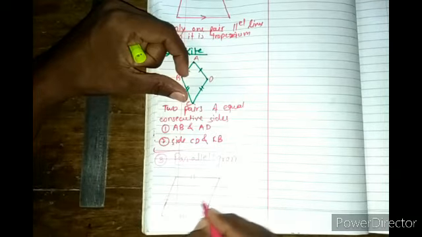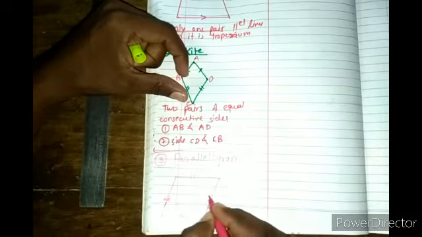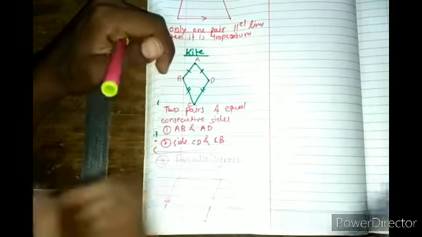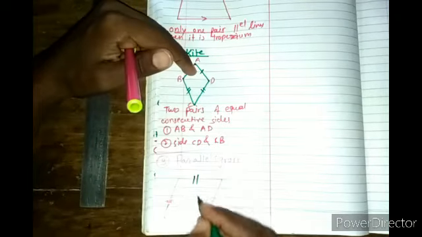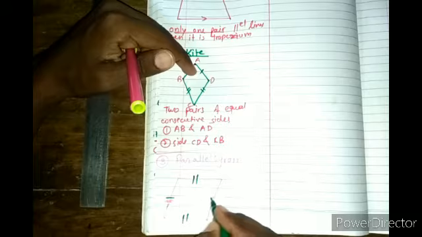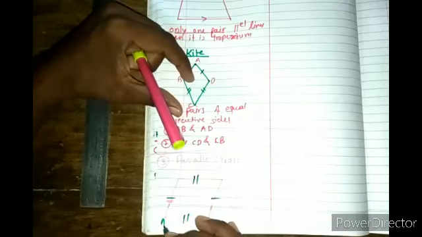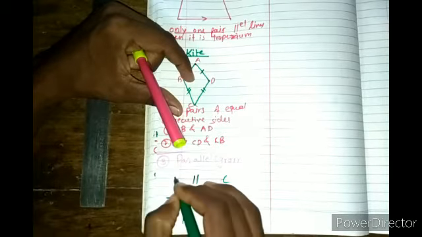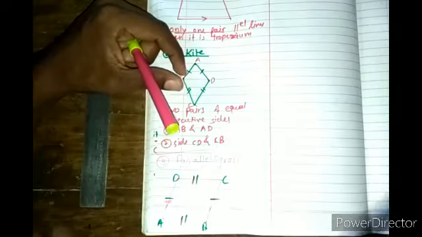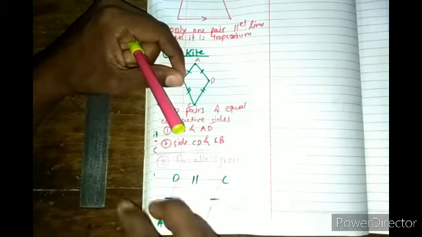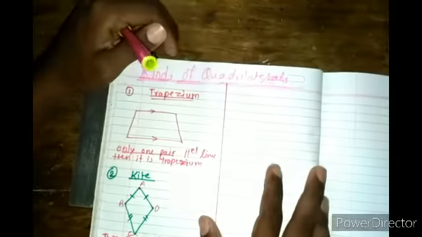Opposite sides are equal, right? Suppose I am giving the names A, B, C, D. So in a parallelogram, the opposite sides are equal, and now we are going to understand it very deeply.